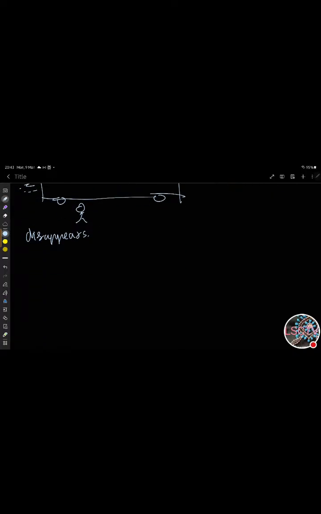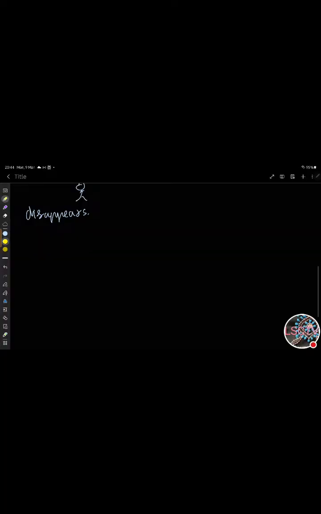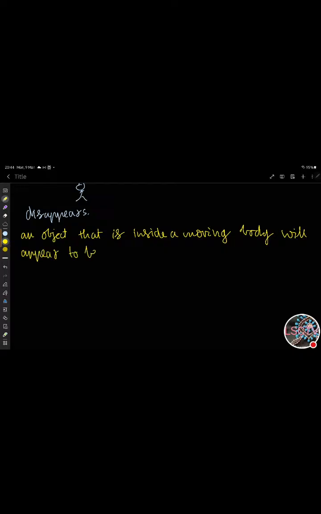Okay, simple. So, this shows that an object that is inside a moving body will appear to be in motion, even though the body isn't moving.